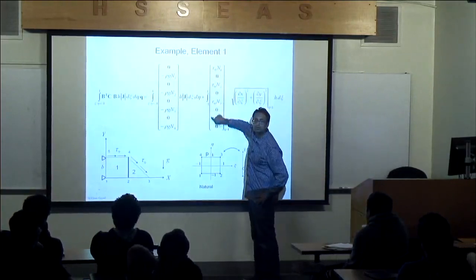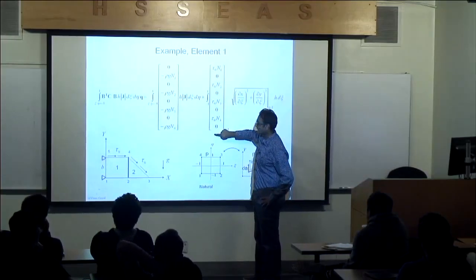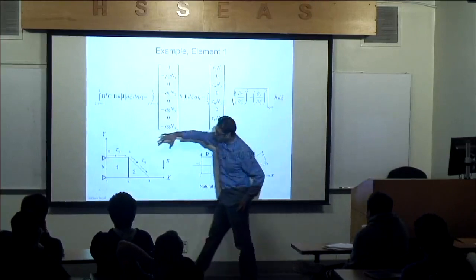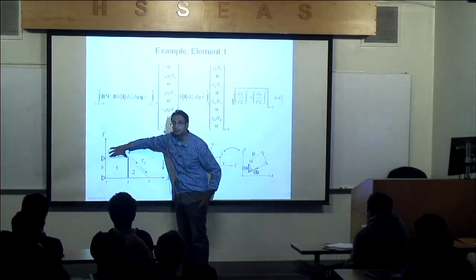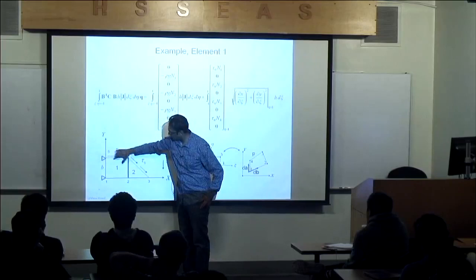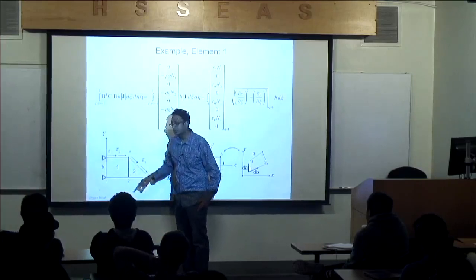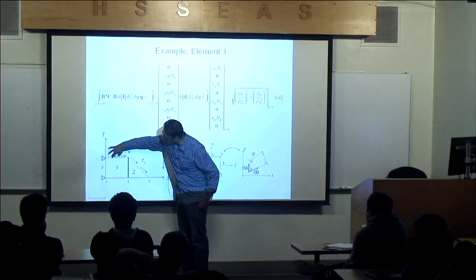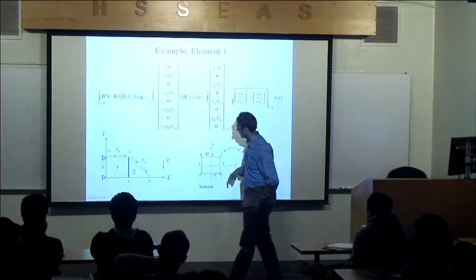Okay? Right? Now, remember, I'm only applying load on this edge, right? On that edge. And so, what was my connectivity? 1, 2, 4, 5. So I have to take this edge and map it to my square.